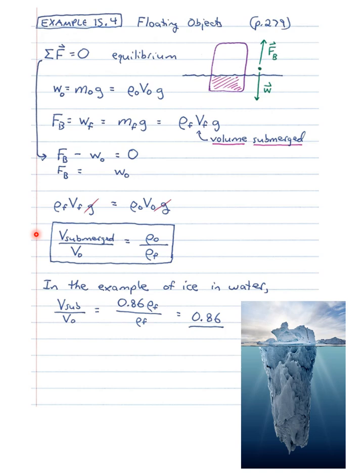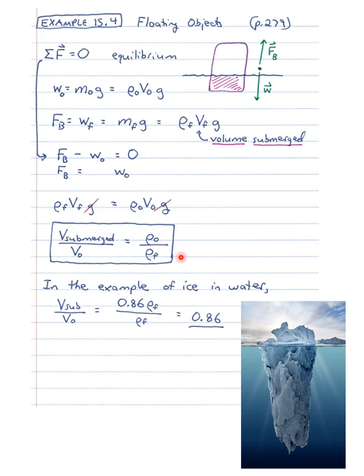In the original question, it says the average density of a typical Arctic iceberg is 0.86 that of seawater. What fraction of an iceberg's volume is submerged? So I've solved it in terms of that. The fraction of it that's submerged is equal to the simple ratio of the density of the object divided by the density of the fluid.